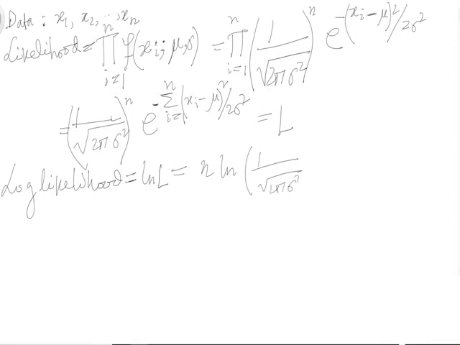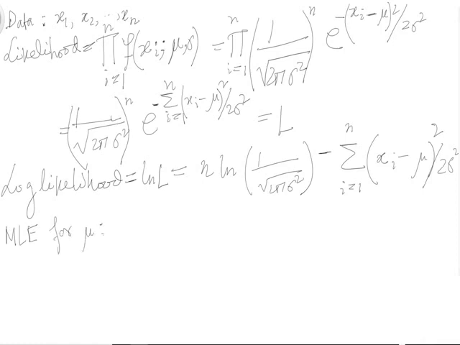Since logarithm is a continuous increasing function, maximizing the likelihood L will be the same as maximizing the logarithm of L. And taking the logarithm, we get the following expression. It simplifies the expression a lot because we have the exponential of summation terms over here.